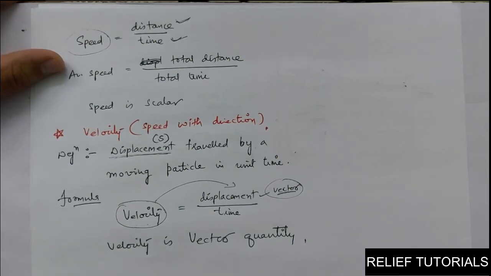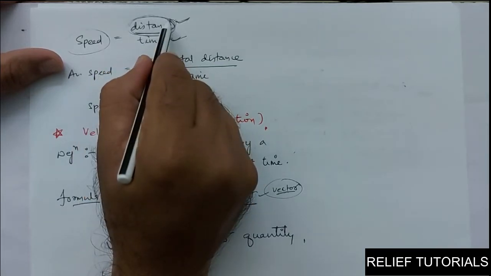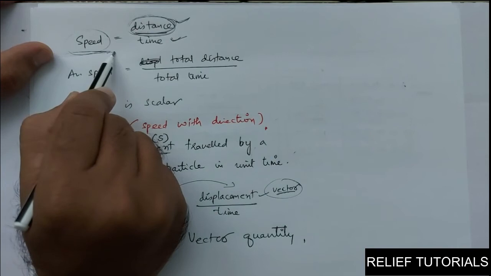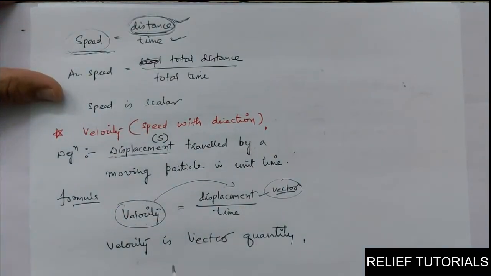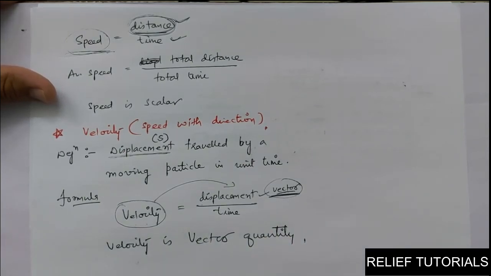We already know that distance is always positive, so speed is also always positive. But displacement is a vector quantity, so it can be positive, negative, or zero.